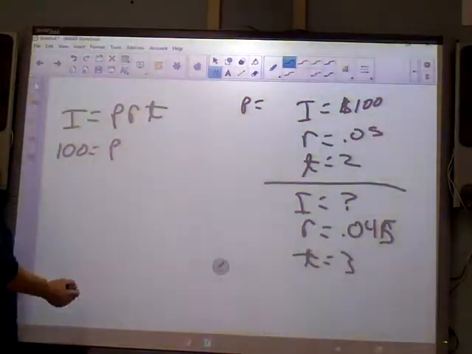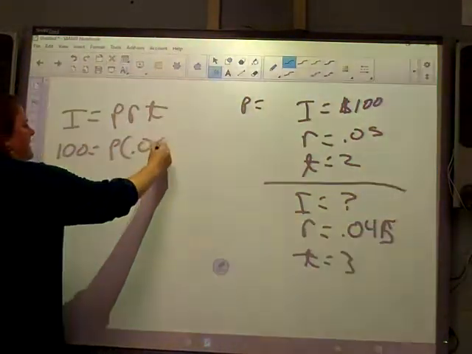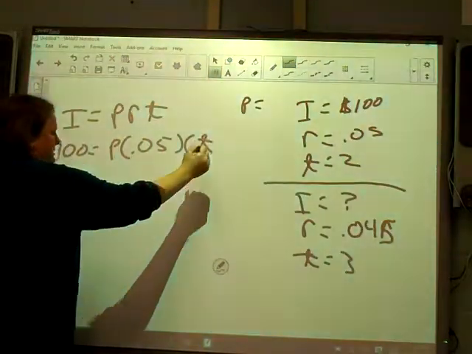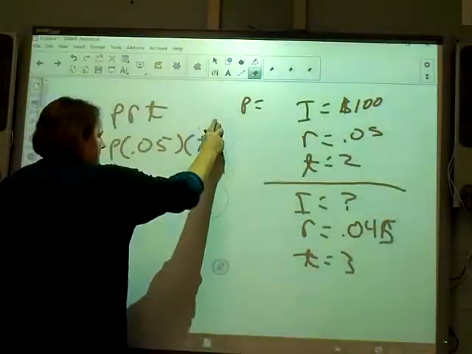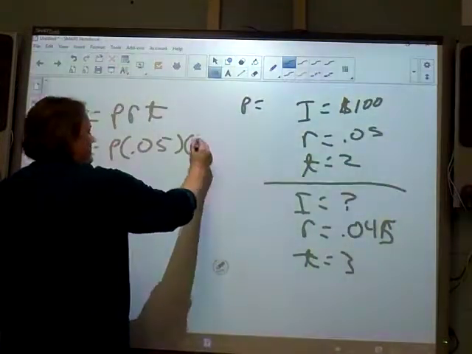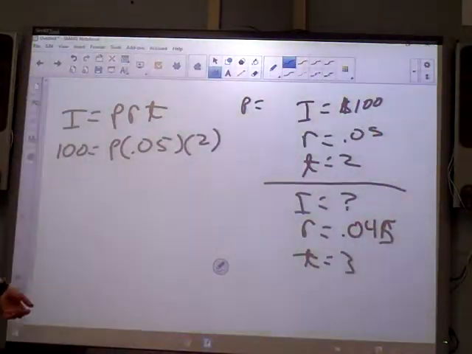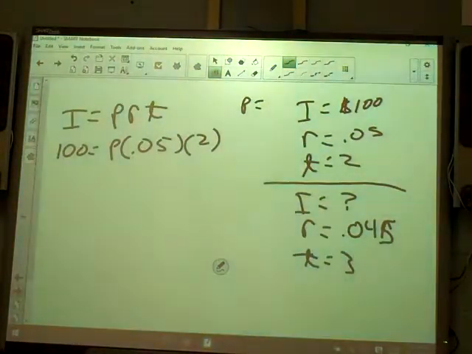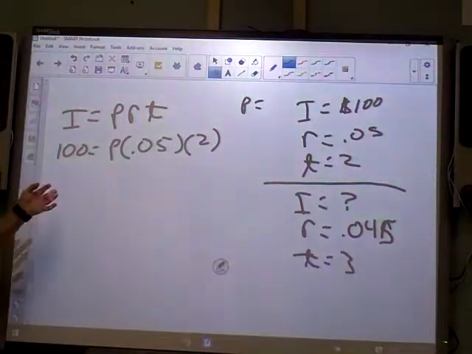I don't know P. R is 0.05. T is 2. T for 2. Okay, what will we do to solve for P? Should I divide by the 2? Good, yeah. Well, let's just divide them both at the same time.